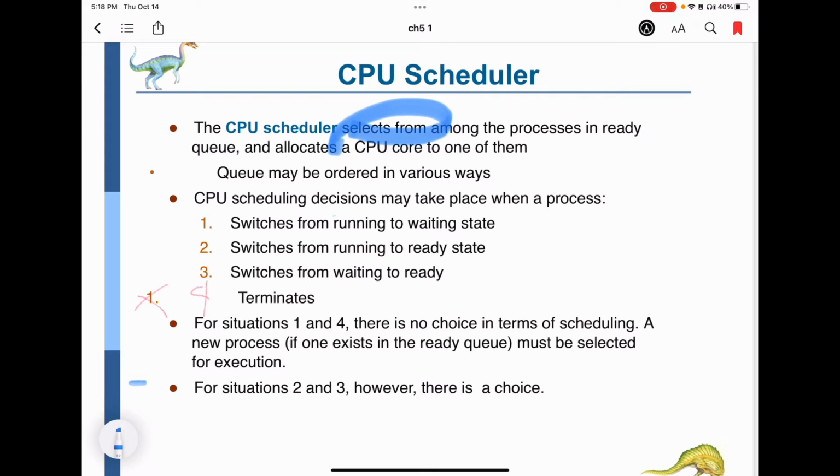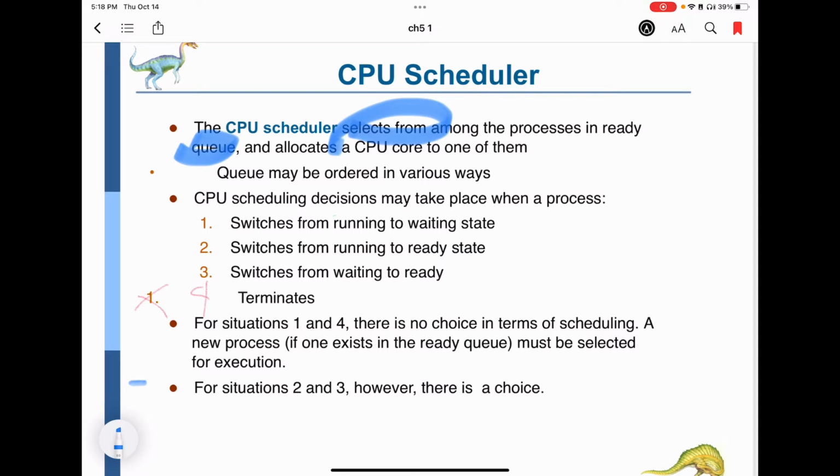Among the processes in the ready queue. So, mayroong pila ng mga process and allocate a CPU core to one of them. Okay. So the queue may be ordered in various ways. So CPU scheduling decisions may take place with a process.